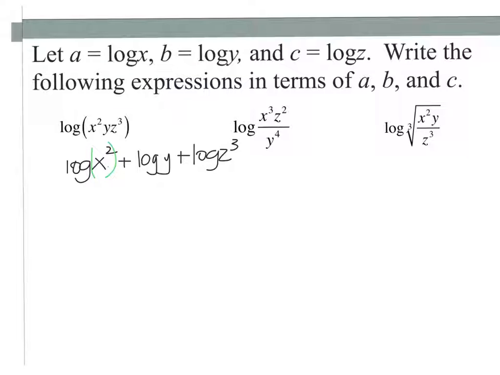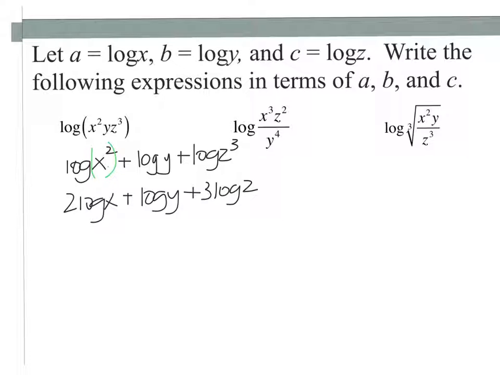They would be around x squared, if anything. So the way that we have to simplify this is before we put the a's and the b's in, we have to deal with these powers. So the power rule, the middle rule from the last slide, is that this 2 can move down to the front, right? I wouldn't necessarily expect you to write down all these steps, but you write down 2 log x plus log y plus, what would the last part be? 3 log z.